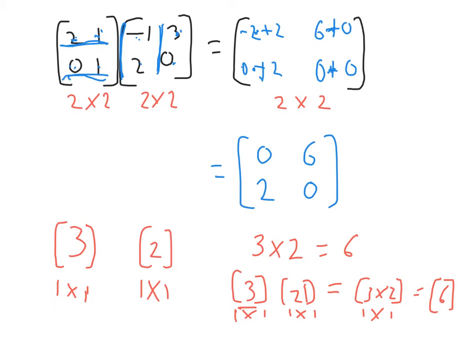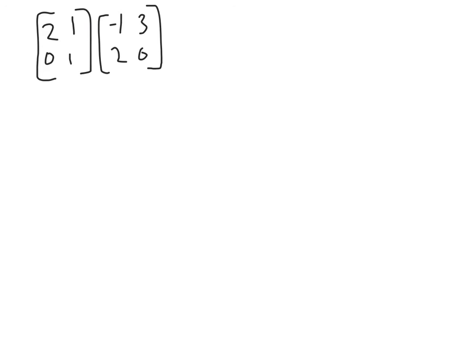All right, so now finally getting on to the partitioning. Okay, so I've now got my new slide, and I'm going to write out the two matrices we had before. We had 2, 1, 0, 1, -1, 3, 2, 0.